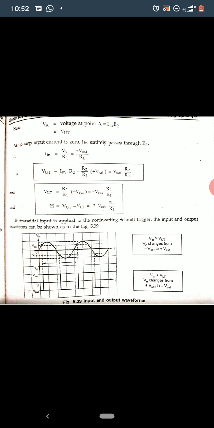So now you can observe, you have decided the upper threshold and lower threshold and fixed them on this sine wave. Once your V input becomes more than the upper threshold, that is VUT, your output is plus V saturation. Although V input slowly reaches 0 and becomes negative, the output is still plus V saturation until it reaches VLT. Once it becomes more negative than VLT, suddenly the state changes from plus V saturation to minus V saturation.